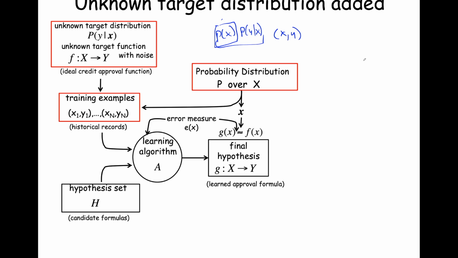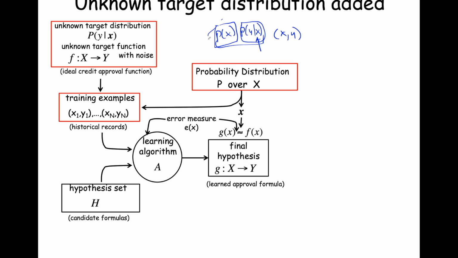You can think of this as scoring a notion of importance to the different vector instantiations. A vector instantiation that's more important will occur more frequently and have higher probability. This p of y given x is our noisy target function. It's the association of different labels, +1, -1, that could occur with the same input vector.